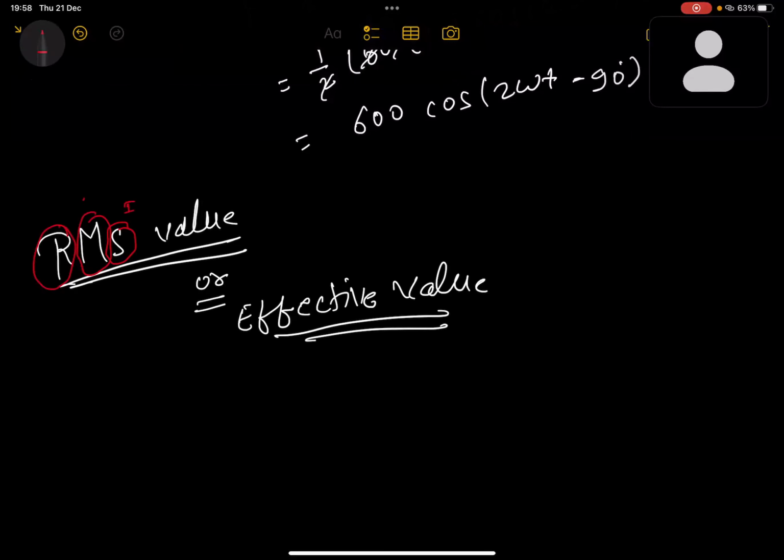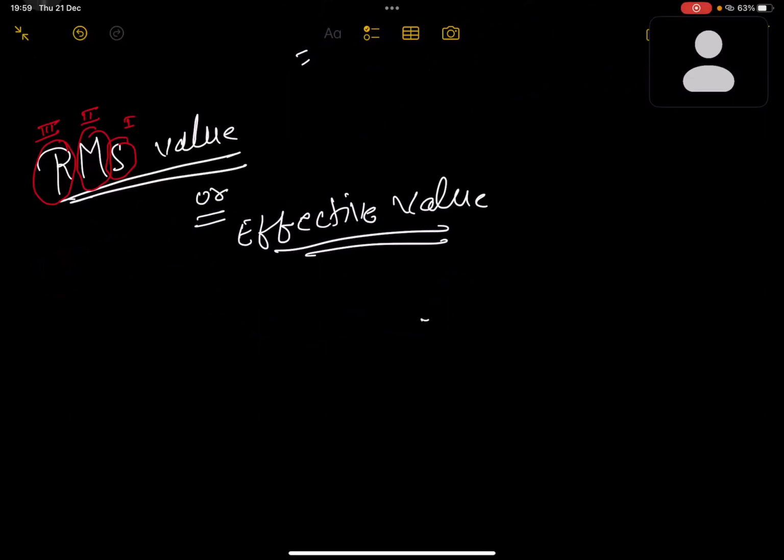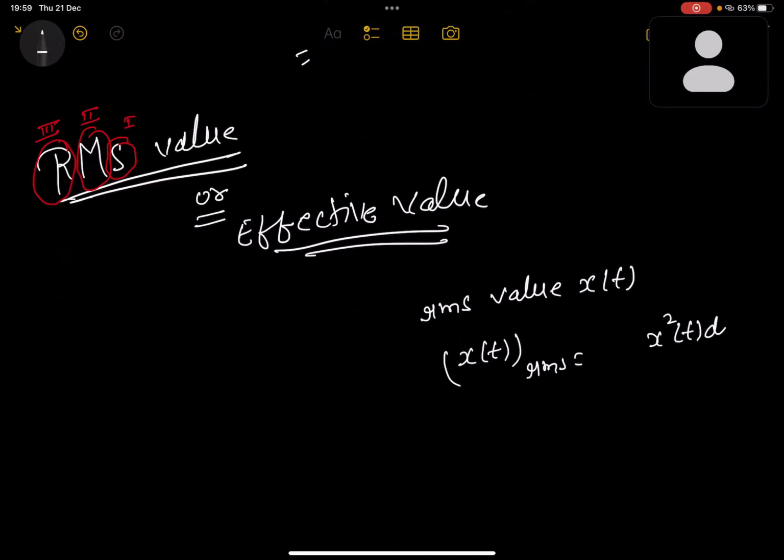This is the sequence for finding the RMS value of any function. For any function x(t), the RMS is the square root of the mean of the square of that function.